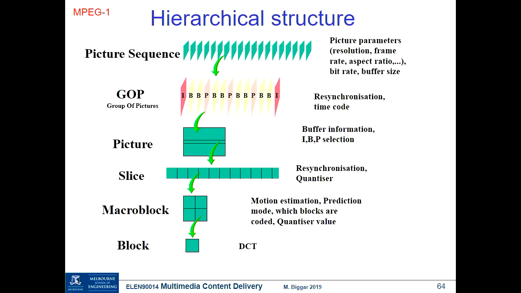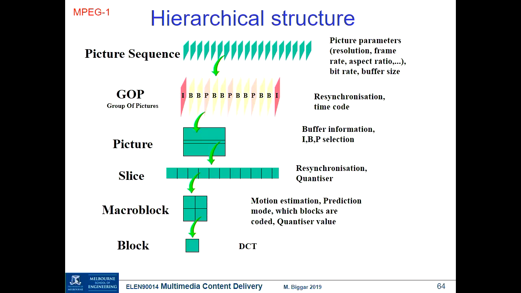Okay, so we have a hierarchical structure in the MPEG video sequence as well, kind of similar to what we've seen before in H.261, but we have this additional level, which is the group of pictures. The group of pictures between I pictures is called a GOP.